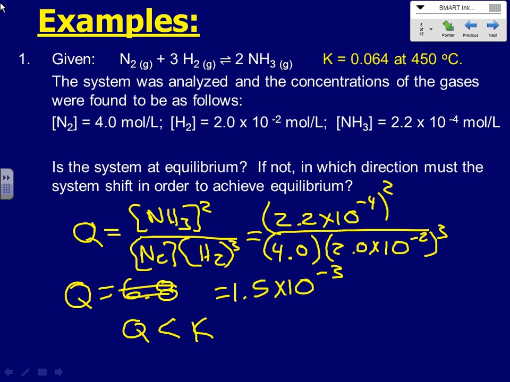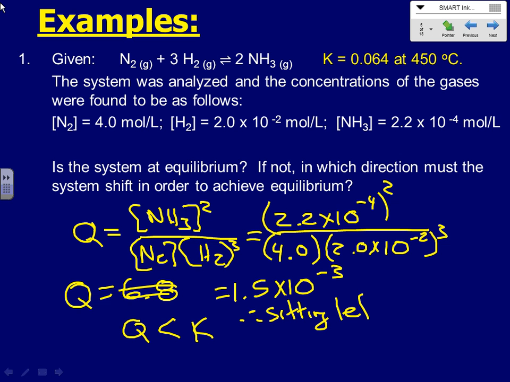Which means, which way is it sitting? Is it sitting too far one way or too far the other way? It's sitting too far. Which way? Yeah, it's sitting to the left. If Q is too small, it means there's not enough product. There's a very little amount of product, and it's sitting left.